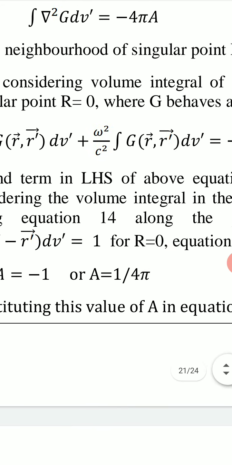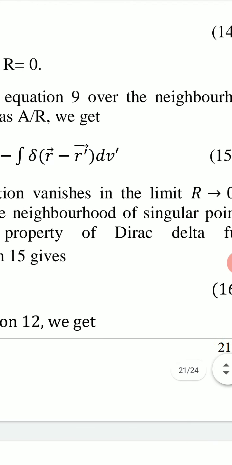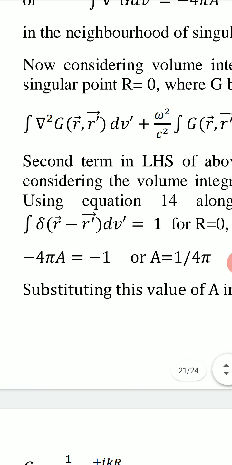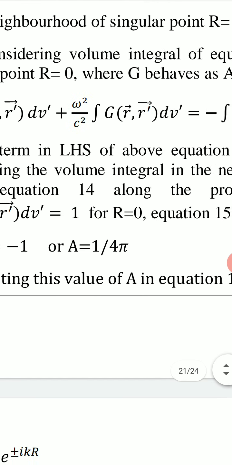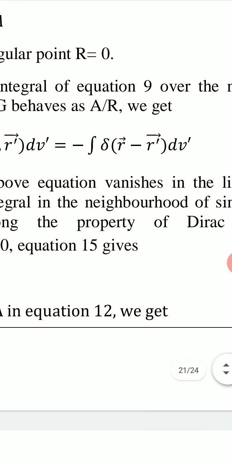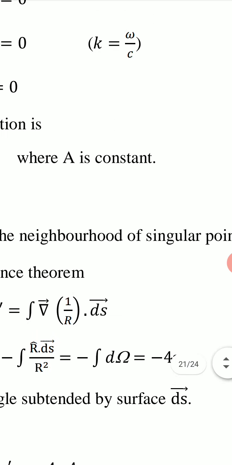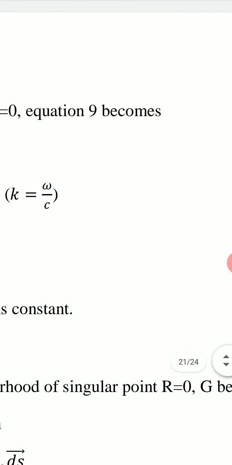Now considering volume integral of equation 9 over the neighborhood of singular point r equal to 0, where g behaves as a upon r, we get. Now we integrate this equation 9.